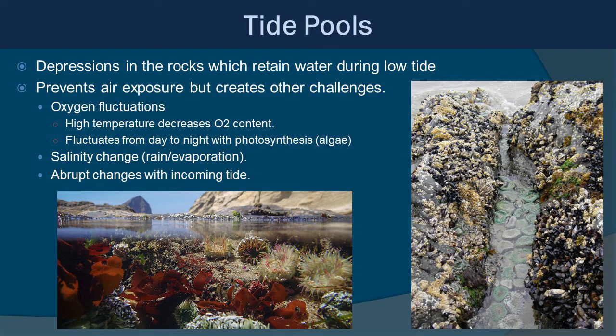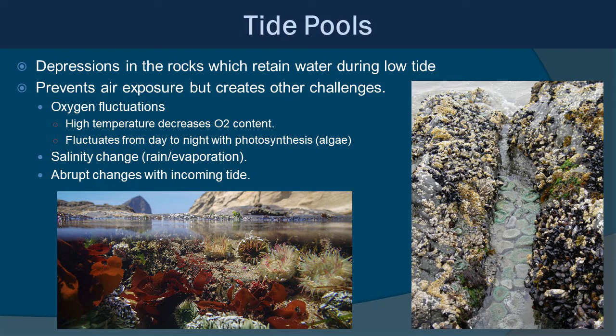Now, this prevents exposure to air for the organisms that are underwater in that tide pool. However, there are some other challenges that come along with that. For example, you can have large oxygen fluctuations. As we know, as water gets warmer, the amount of dissolved oxygen decreases. So, again, you think about a summer day with a lot of solar radiation coming down, that's going to get very warm.